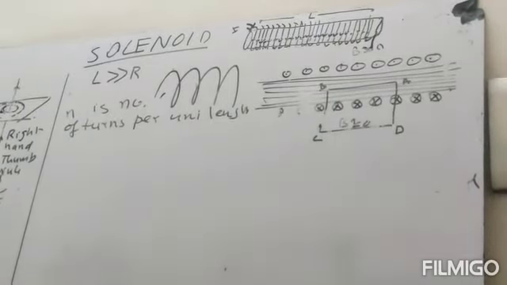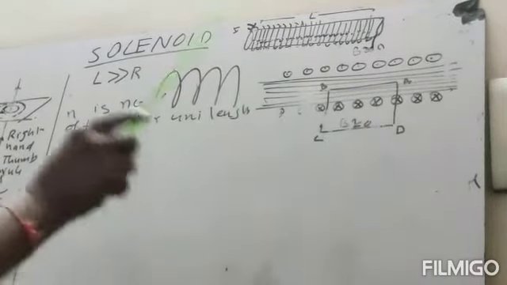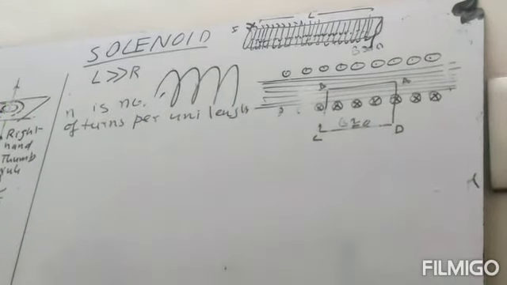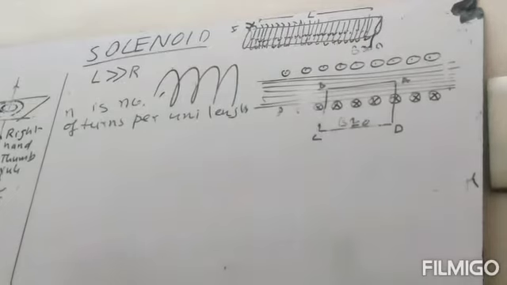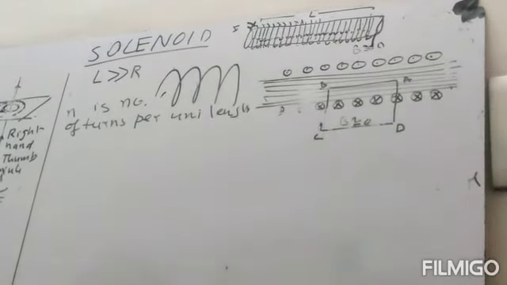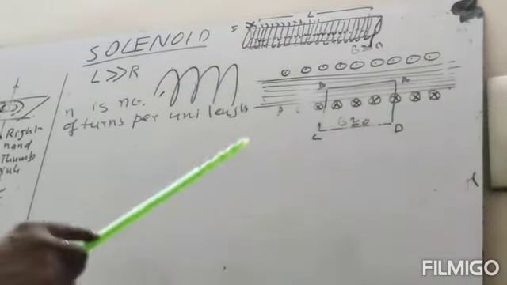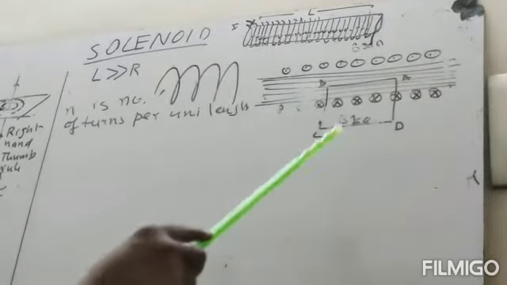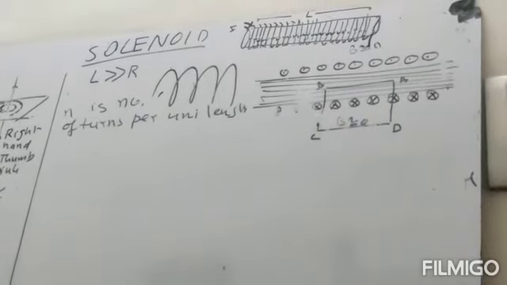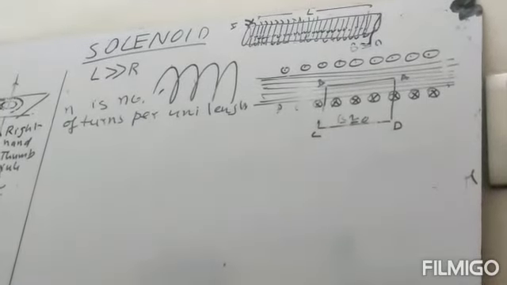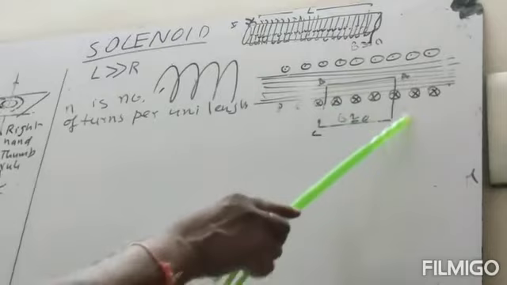Now we have to find what is the magnetic field for the solenoid. So to find the magnetic field, what will we do? We will take an Amperian loop, A, B, C, D. This is an Amperian loop. Suppose the direction of the Amperian loop is like this.